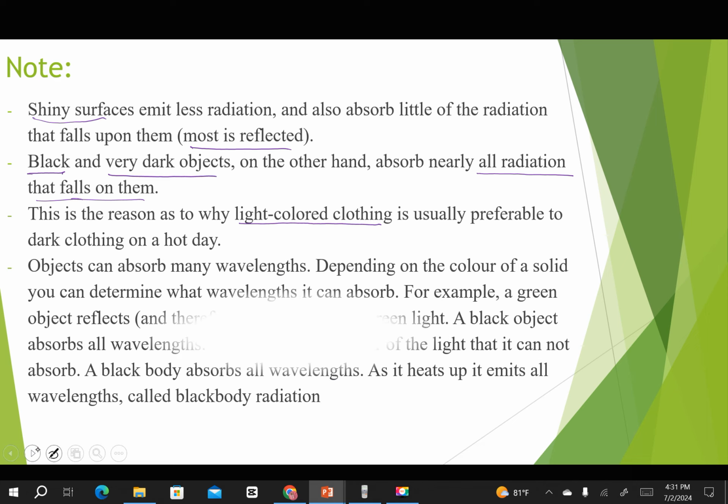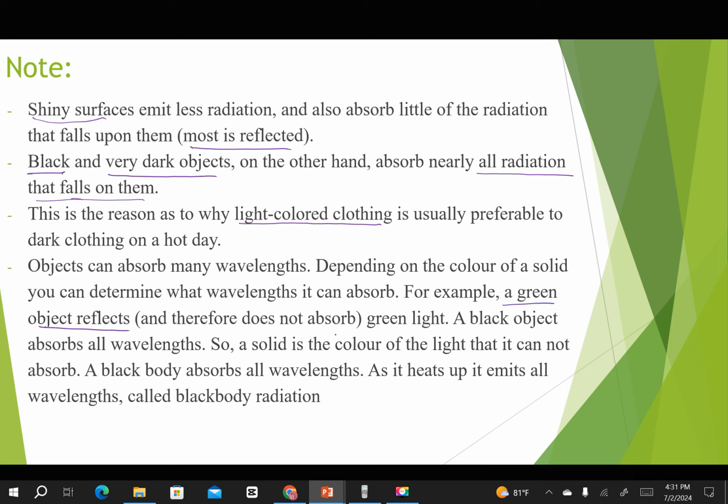On the other hand, also remember, objects can absorb as many wavelengths as possible. Depending on the color of the object, you can determine what wavelength it can absorb. For example, if you have a green object, you know that it is going to reflect green into your eyes, therefore it is going to absorb all the other colors. But if the object is black, it is going to absorb all wavelengths.